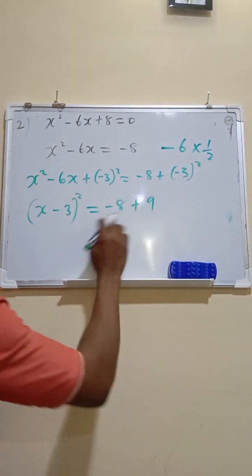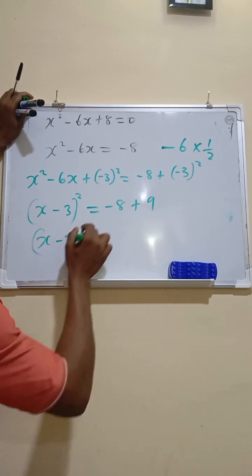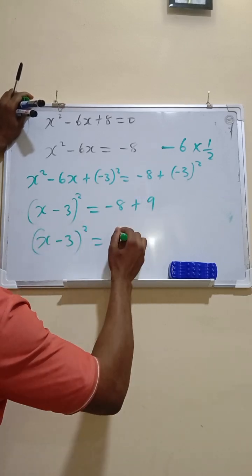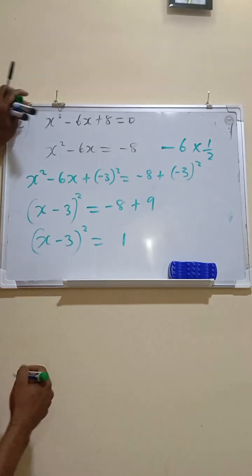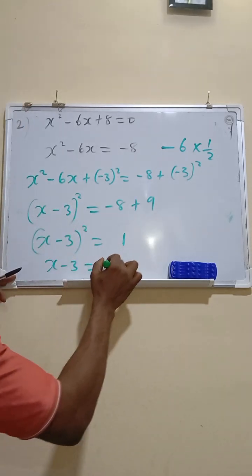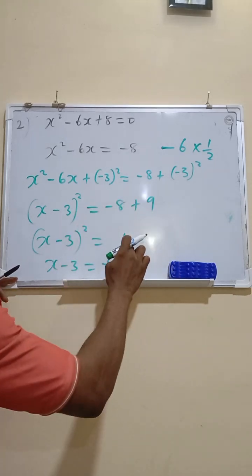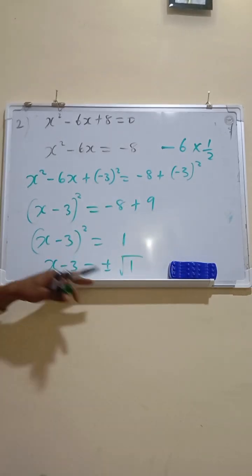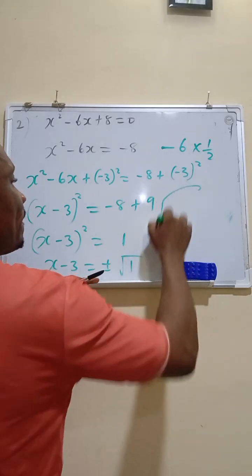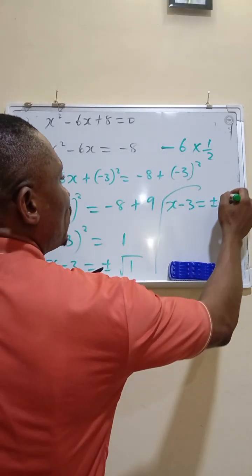Then solve here, and x minus 3 squared equals 1. Then take the square root of both sides: x minus 3 equals plus or minus the square root of 1. Removing the square root, we have x minus 3 equals plus or minus 1.